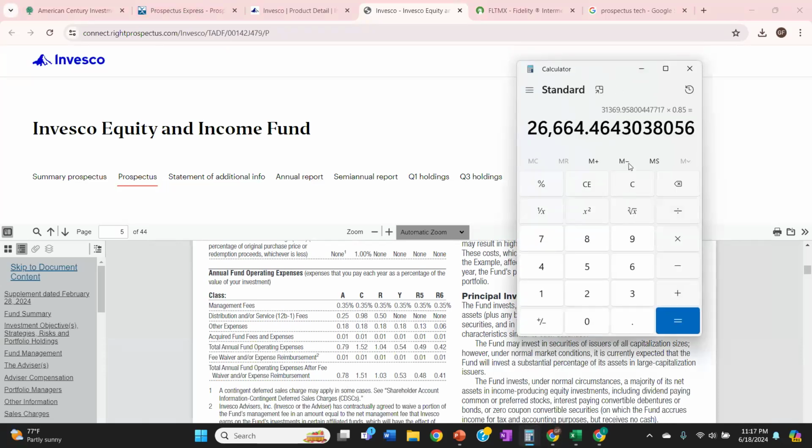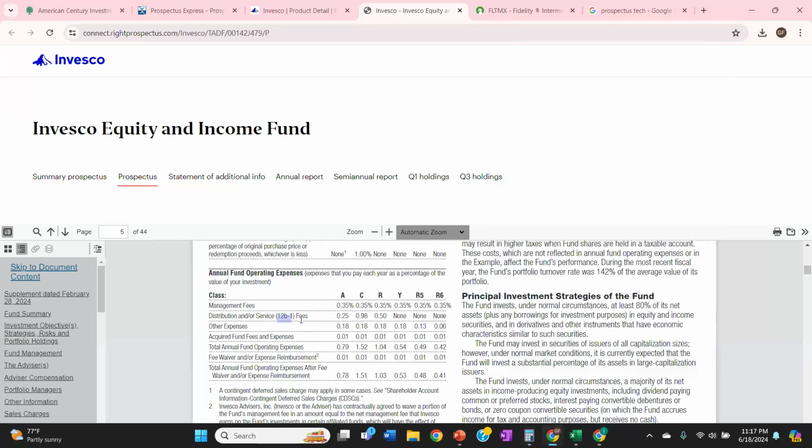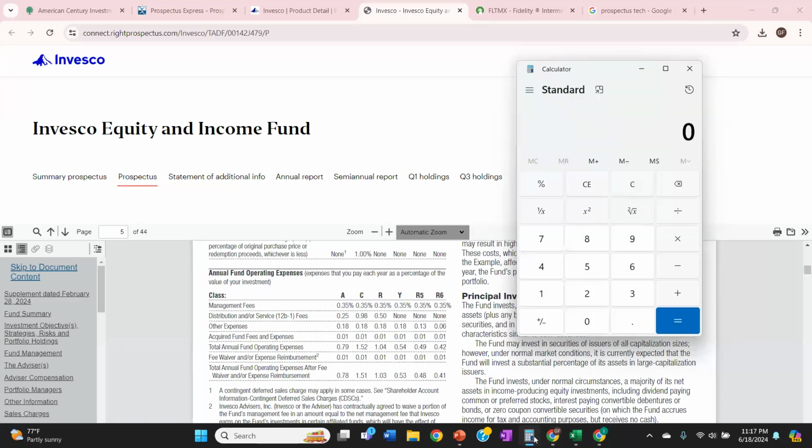If we're looking at 0.35 for management fees, 0.25. A lot of funds have what they call 12B1 distribution fees, which are mainly for marketing purposes. Other expenses that they may have, again, at the end of the day, it adds up to 0.78. So our last example, we had about $26,000 in there.